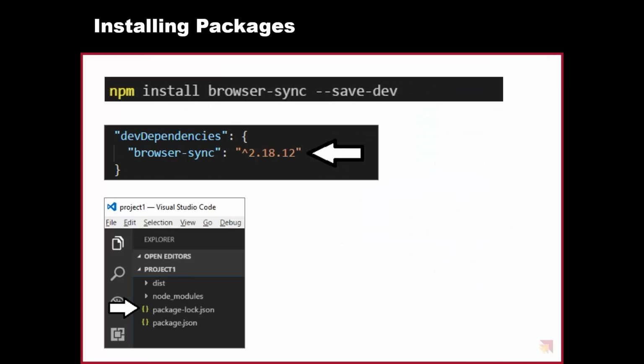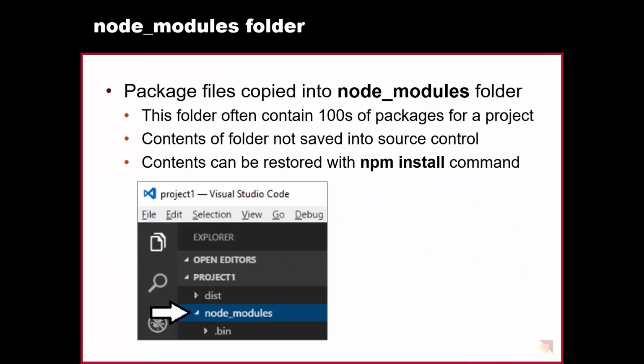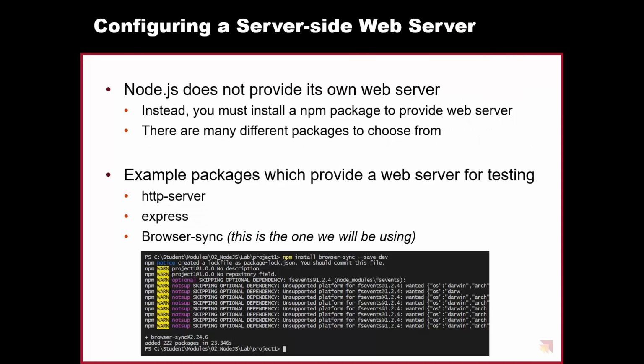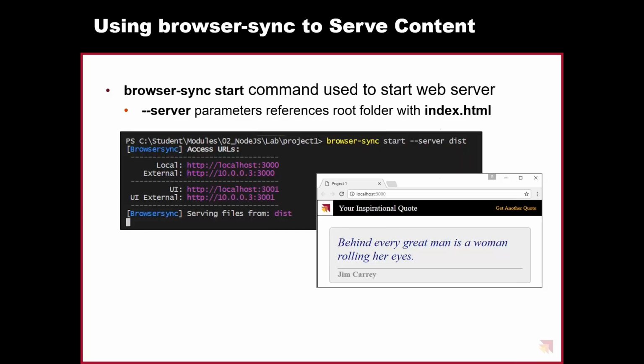Okay, so let's go a little further in the slides. We've talked about the node_modules folder. We've talked about configuring this server-side web server by installing browser-sync. Okay, now let's say that I wanted to start that up. I could do something like call browser-sync start.